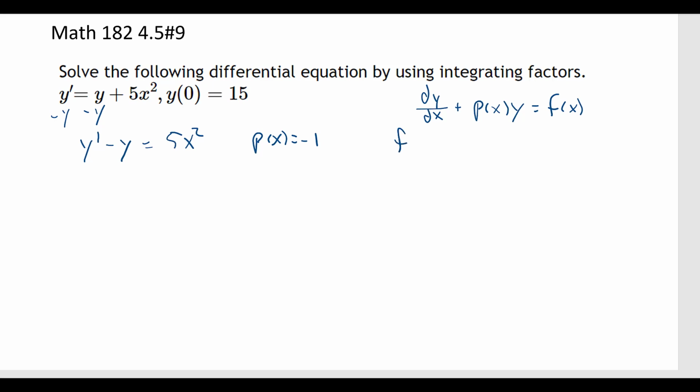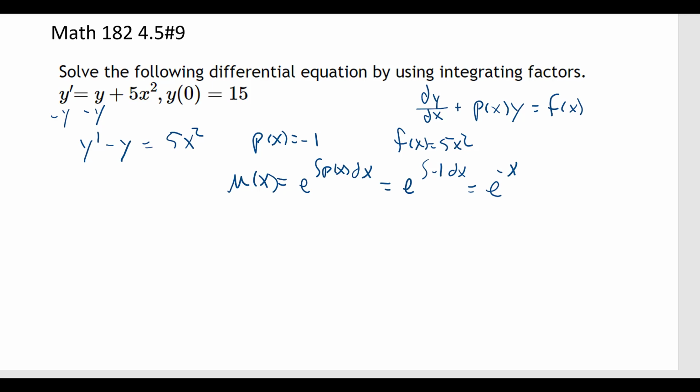By the way, the f of x is just the 5x squared. And so we're looking for a function mu of x, that'd be e to the integral of p of x dx. So that's going to be e to the integral of -1 dx, which becomes e to the -x.